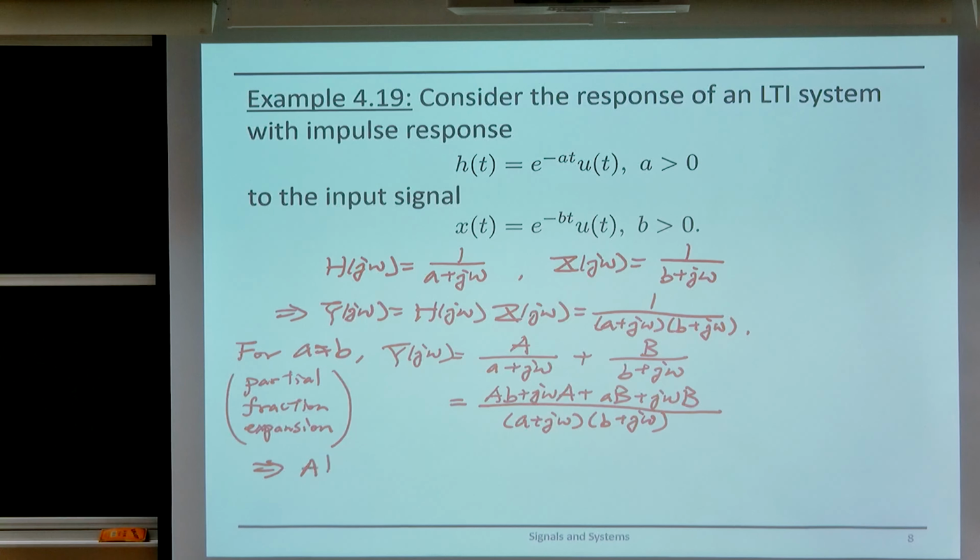So A b plus a B is equal to 1, and capital A is equal to minus B. Now, if you substitute this inside here, then you have A b minus A a equal to 1, which gives you A equal to 1 over b minus a, and B is equal to minus A.